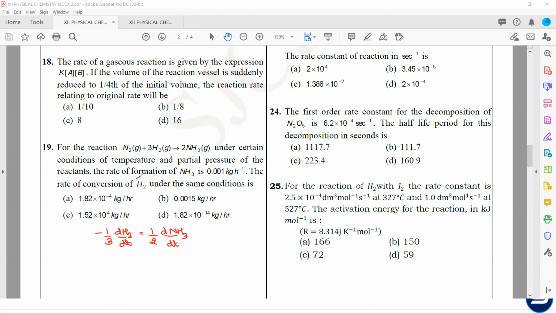The rate of conversion of H2 is asked, so it will be 3/2 into the ammonia rate which is given, 3/2 into 0.001. Clear? This will be 0.0015. Understood? Yes, sir.